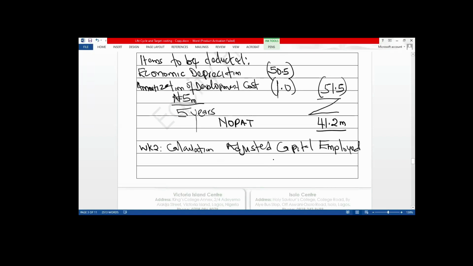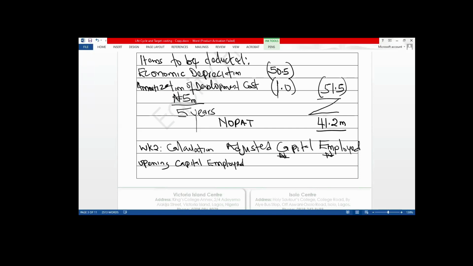To do this, you have your naira sign. You start with opening capital employed. Remember, you are trying to calculate for year 2020. Adjusted capital employed for year 2020.